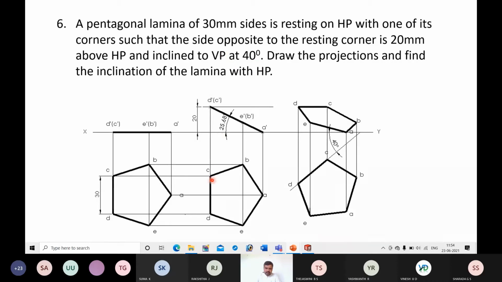So here, why are we not determining the beta angle? What is the reason? Why is it not required to find the beta angle for this problem? Here the given inclination is 40 degree and we are making this CD inclined at 40 degree.